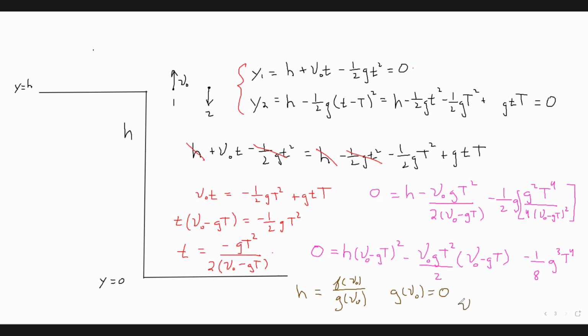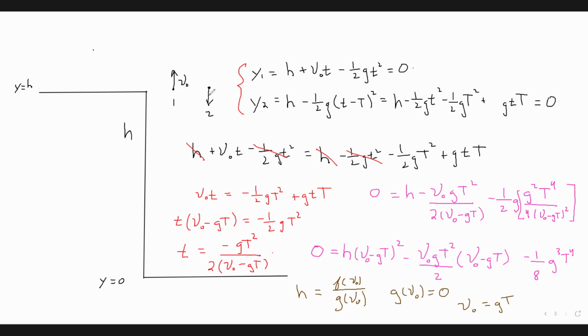That when V0 is equal to G times the time delay, there's no solution for H. No height will work. As V becomes greater and greater, the height becomes greater and greater because you've got to give the first ball time to catch up to the second.